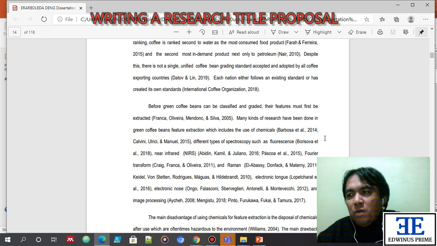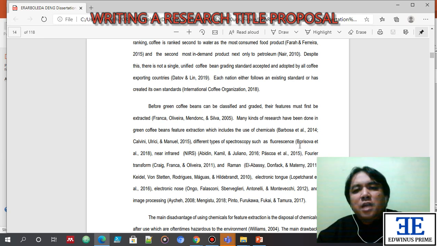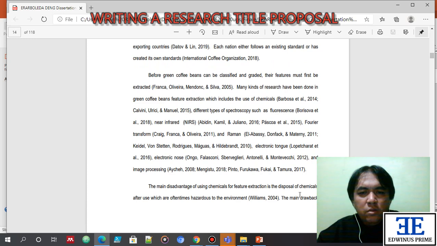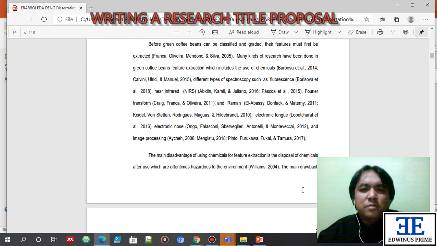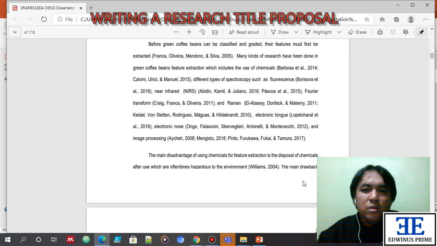What I use in my study is image processing. So I discuss other techniques in extracting coffee bean pictures, such as using chemicals, spectroscopy, electronic tongue, electronic nose, and image processing. Then I discuss the disadvantages of other techniques as part of the background.